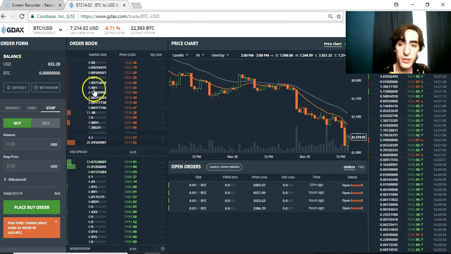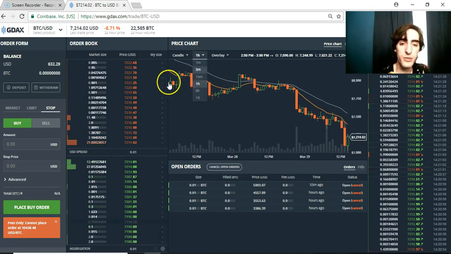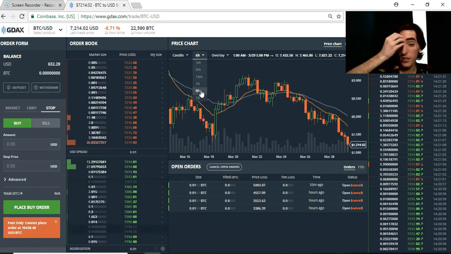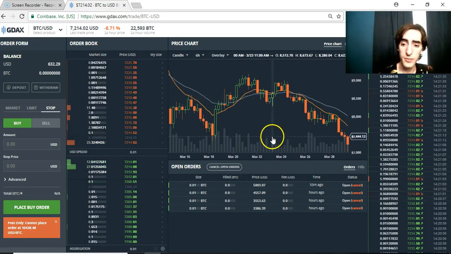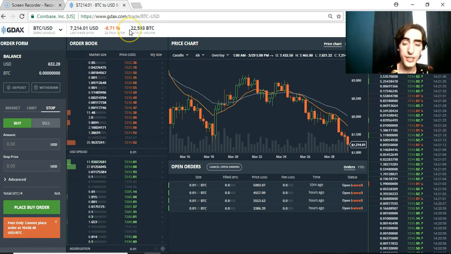There's competition. So the chances of it going back up to the support line or this resistance line, I don't really believe in it. This is just a little bit of insight into trading, and I hope this helps you. This is how to use GDAX, how to trade Bitcoin on GDAX specifically.